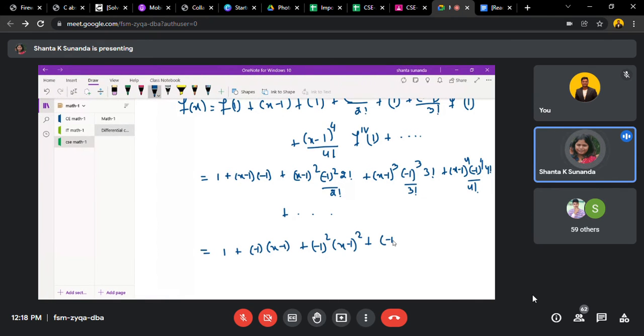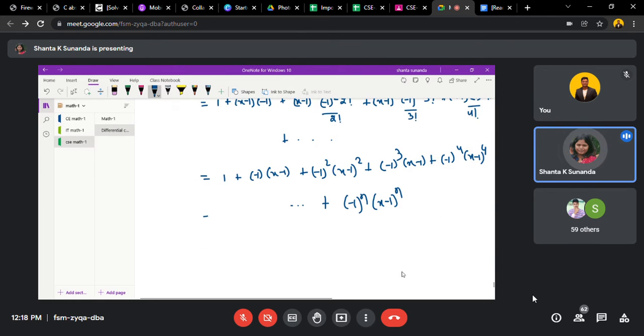So we are getting a series of this form. Let me show you why I am writing this. It's okay if you don't write it. We can write it in a series form, writing the nth term also. The nth term will be minus 1 power n, this is the n plus 1 term.